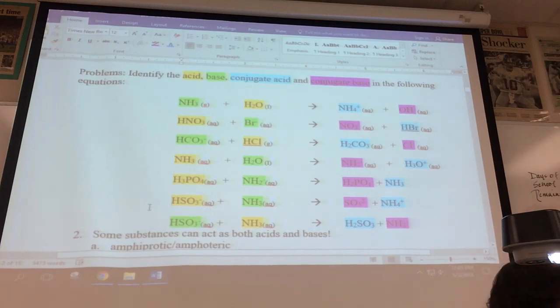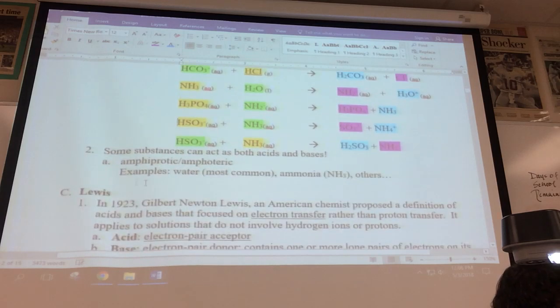Alrighty? As I indicated, some substances can be both acids and bases. We refer to them as amphiprotic or amphoteric. Some examples include water, ammonia. We've seen some other examples here.